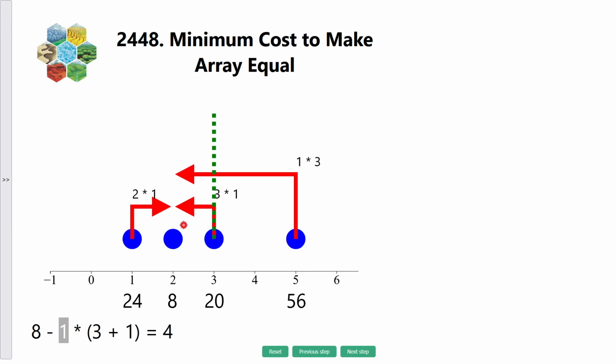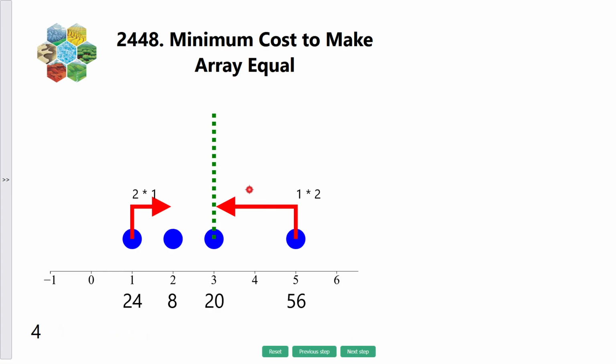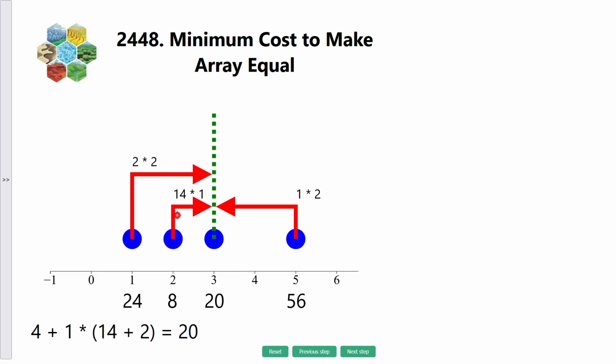Okay, now let's cut it off. See, they are cut off. Now we are going to add the new cost. Where is the new cost? The new cost is from the left part, because we have moved our state from 2 to 3.